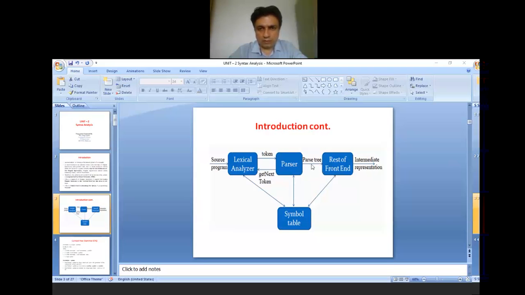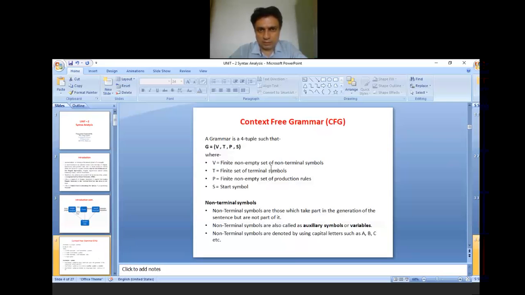All our discussion in syntax analysis moves around the parse tree, which is based on the context free grammar, abbreviated as CFG, and you already studied it in theory of computation.